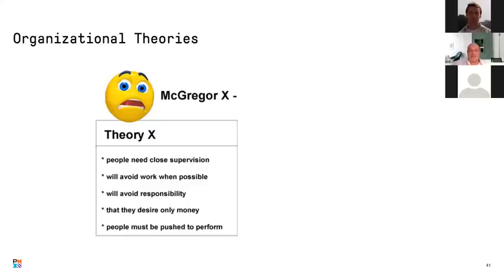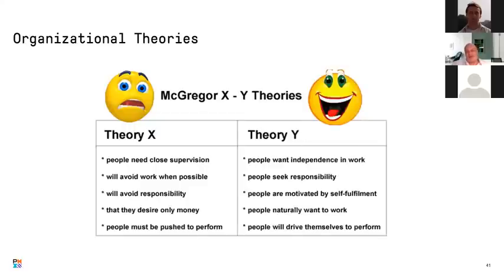The same person, McGregor, said there is another theory called theory Y. People want independence. They want to feel that they are independent in their work, and they will seek responsibility. They will not run from it. They will go for the responsibility. And people are motivated by self-fulfillment. So I can be motivated on my own.